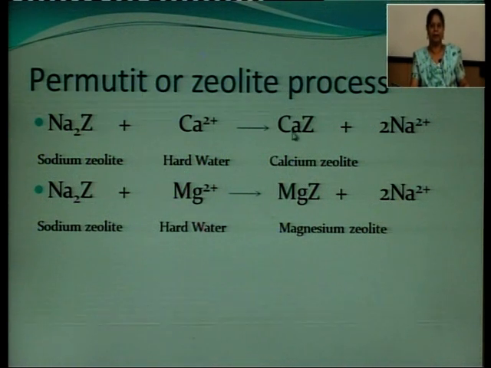The calcium ions or the magnesium ions which are responsible for hardness and are present in hard water are exchanged with sodium of sodium zeolite, and we get calcium and magnesium zeolite which is retained, and in water we have sodium ions which do not cause any hardness, or we can say this water is soft because it will form lather easily with soap.